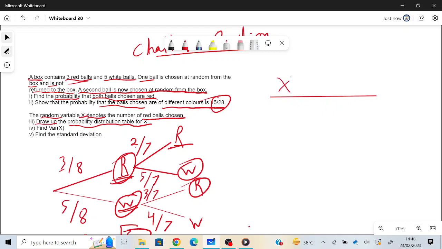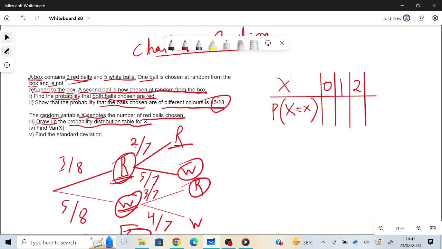Let's say this is my X, then the probability of X. So we can have either 0 red balls chosen, 1 or 2. There's a chance that no red balls are chosen out of the 2 balls, a chance that 1 is chosen, and a chance that 2 are chosen.